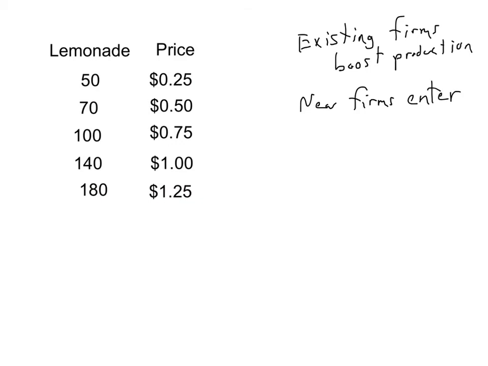These two things together mean that as price goes up, quantity supplied in the market will go up, and that is what we call the law of supply. The law of supply: as price increases, suppliers make more.